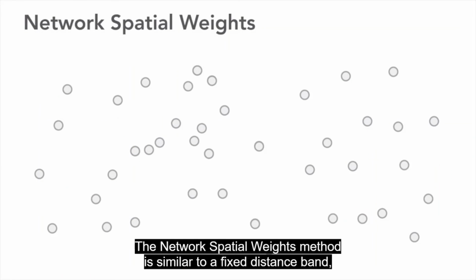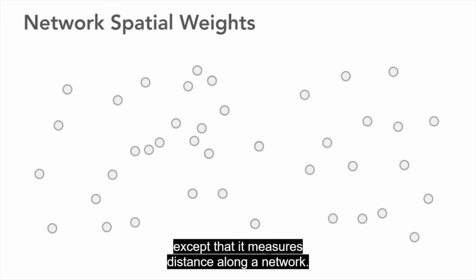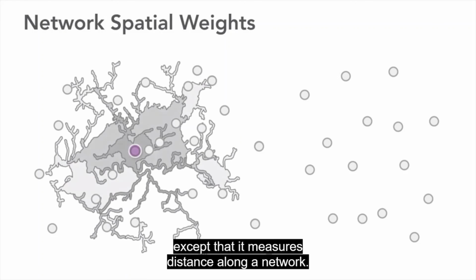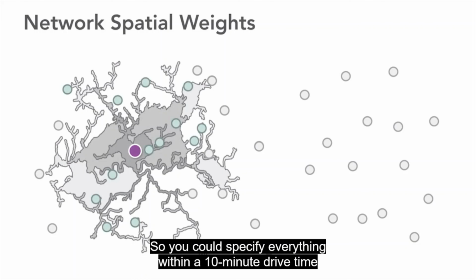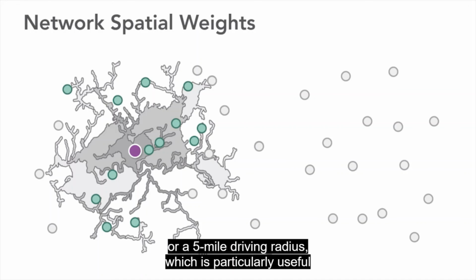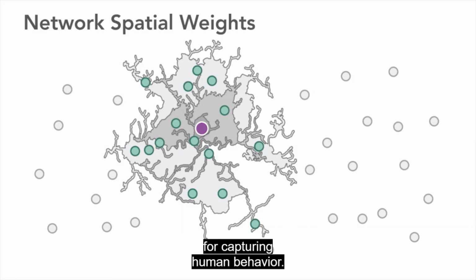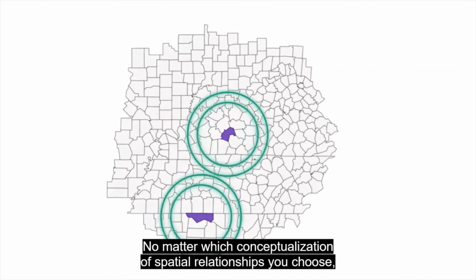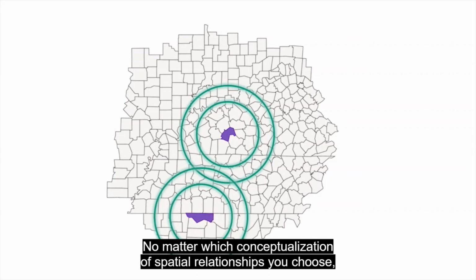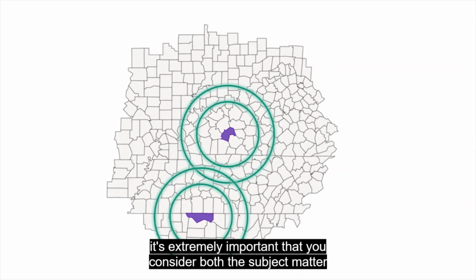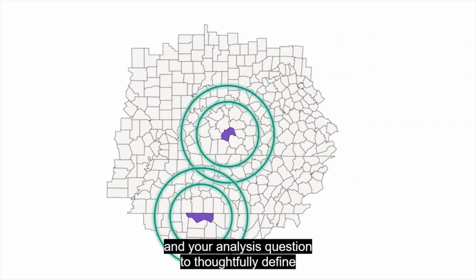The network spatial weights method is similar to a fixed distance band, except that it measures distance along a network, so you could specify everything within a 10-minute drive time or a 5-mile driving radius, which is particularly useful for capturing human behavior. No matter which conceptualization of spatial relationships you choose, it's extremely important that you consider both the subject matter and your analysis question to thoughtfully define what it means to be a neighbor.